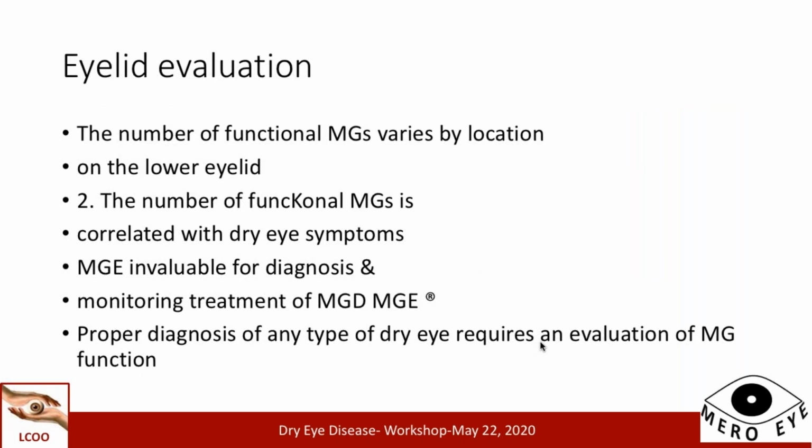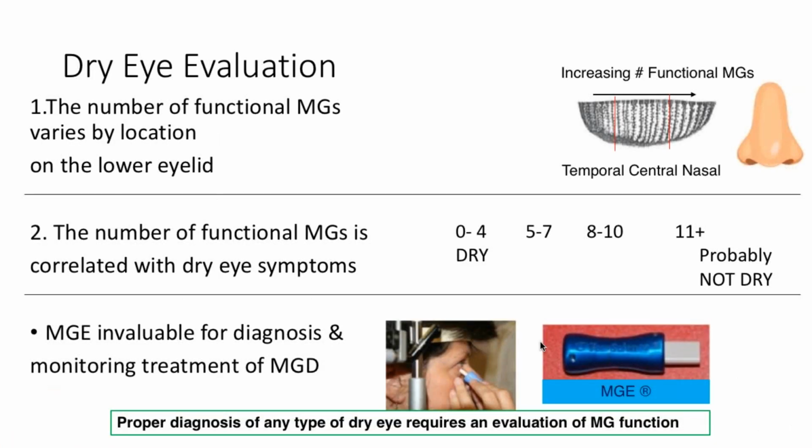So you can look for the number of functional meibomian glands, and you can also use this for monitoring your meibomian gland dysfunction. So this is a meibomian gland evaluator. You can use it by breaking up the number of glands which are open and functioning as temporal, central, and nasal.